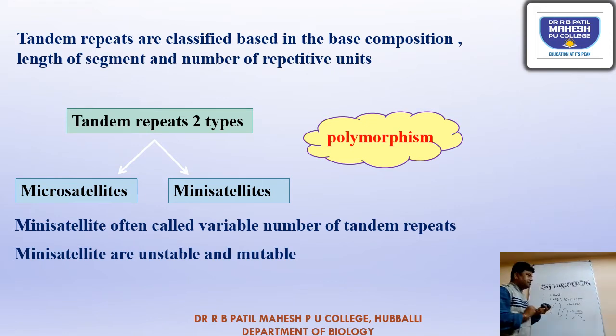I'll show you one example. For example, A, B, C, D, E, F, G. This is one gene. So here the mutation takes place in repetitive DNA. What happens? A, B, C, D, E, F, G. In this portion, one nucleotide is added.